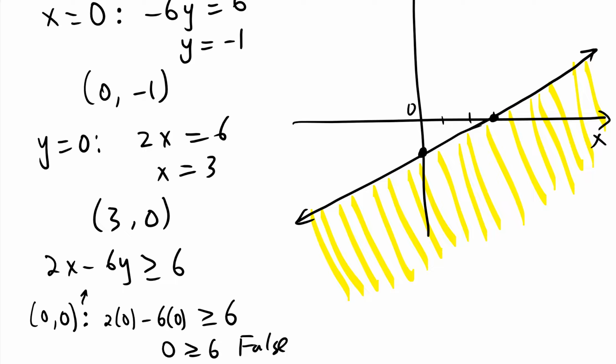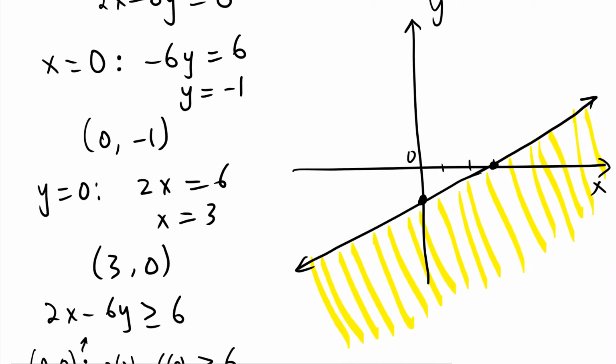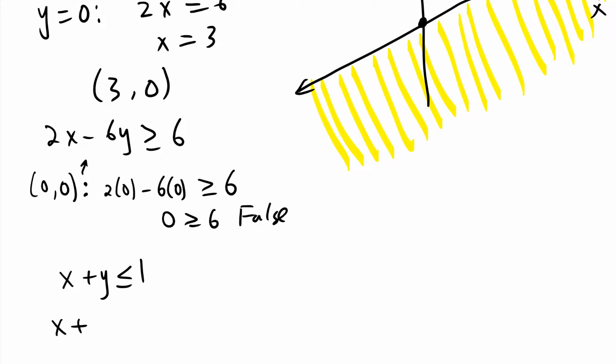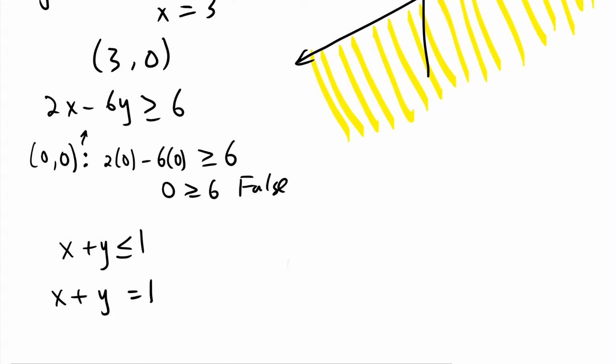We do the same for the second one. So we are going to look at the second inequality. x plus y less than or equal to 1. So make it x plus y equals 1 for easy graphing.